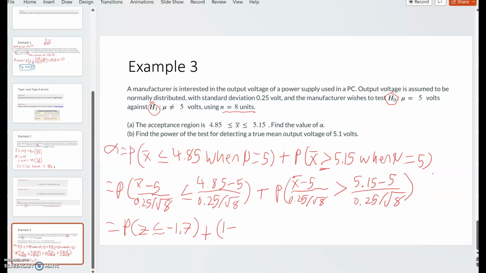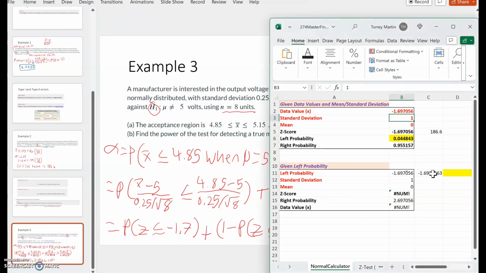So 1 minus P of whatever we just got. Okay, so that gives me this value here of 0.044843, and then we want to do 1 minus that, which will give me the following.